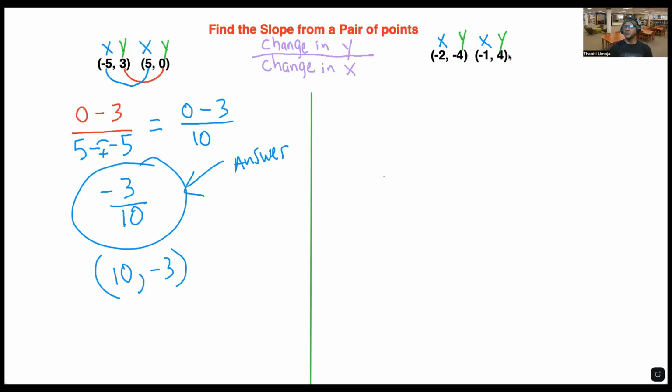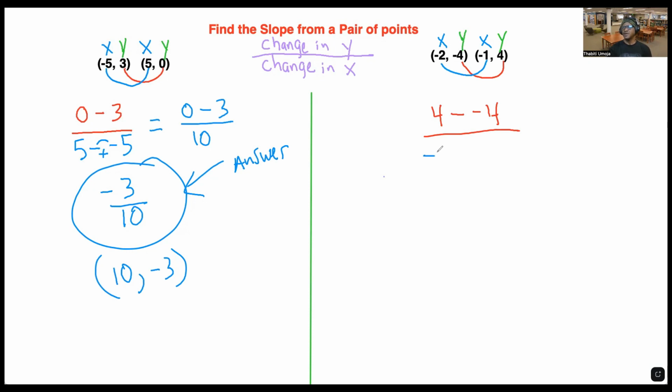We're going to subtract the y's, the difference in y's. We have a 4 here, so let's write that out: 4 minus, and there's already a -4 here, so that means we have a double negative. Then on this side we do the same thing with the 2's. We're going to say -1, and then we have a -2 here.